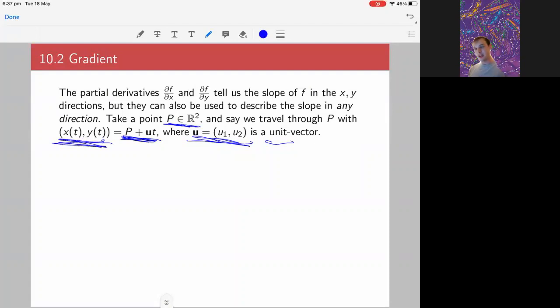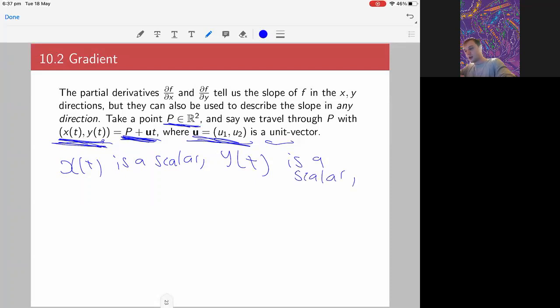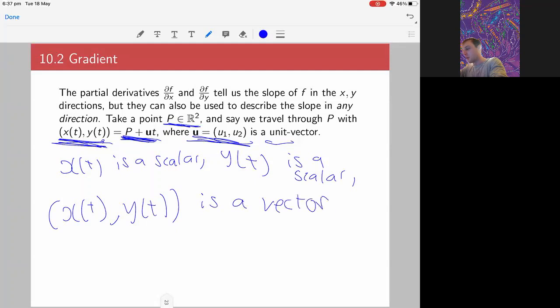Just to be absolutely clear about what's going on here, x of t is a scalar, y of t is a scalar, but the vector, where you put these two things in as components, is a vector. This may help you notation-wise as we're going through this.